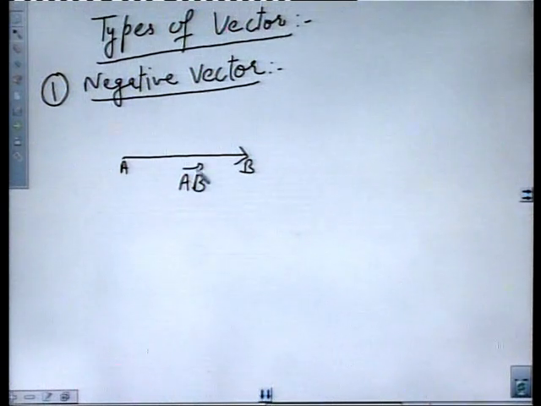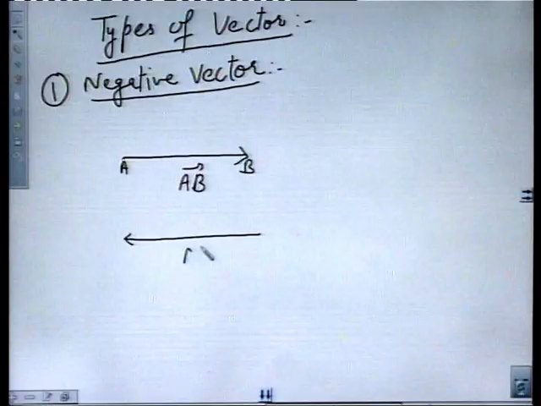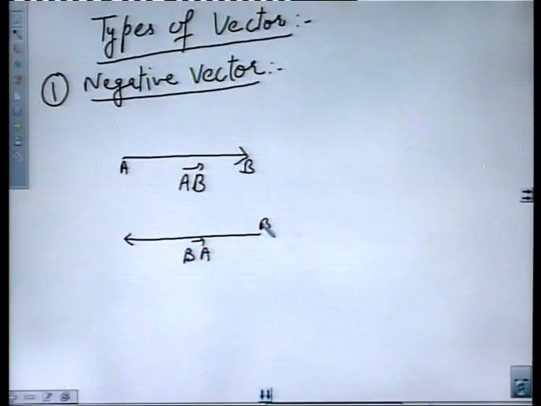So negative of this vector can be taken as, if we take the same length as that of AB vector but the direction is opposite, then we take it as BA vector. This point is B and this is A. So this is the negative of a vector.